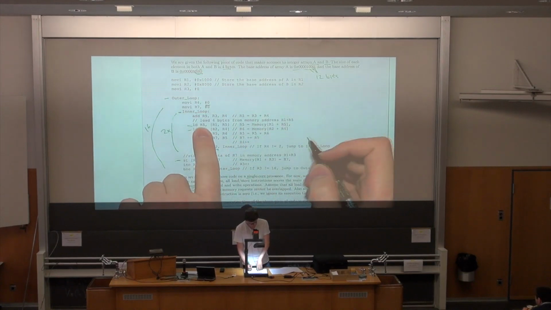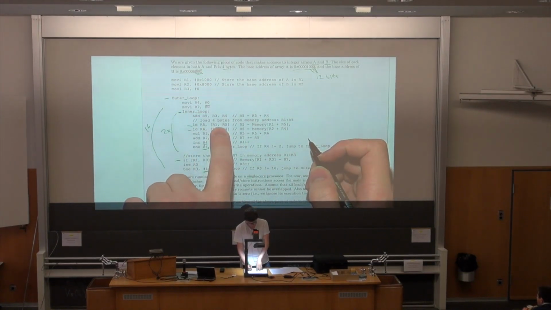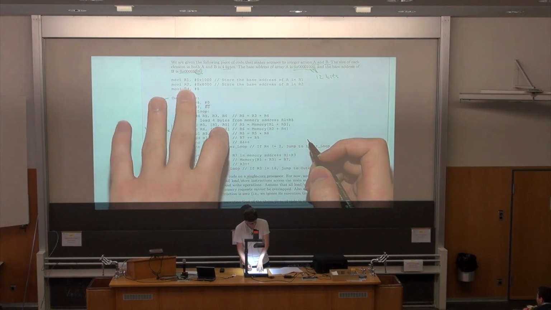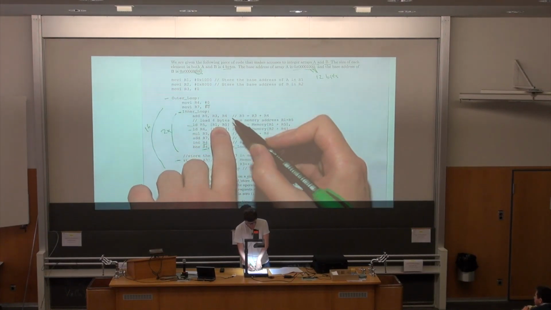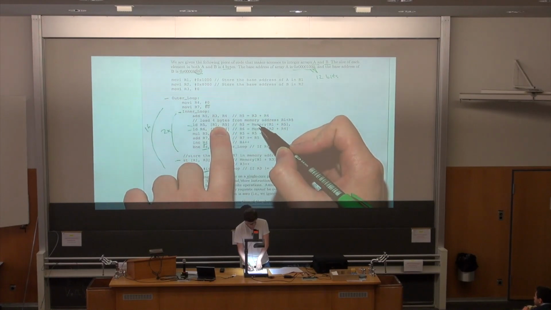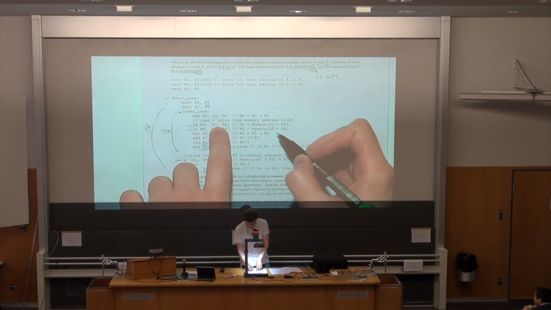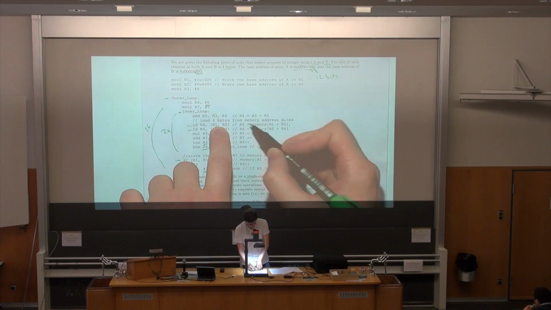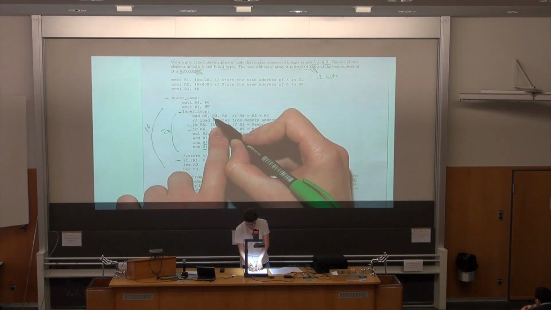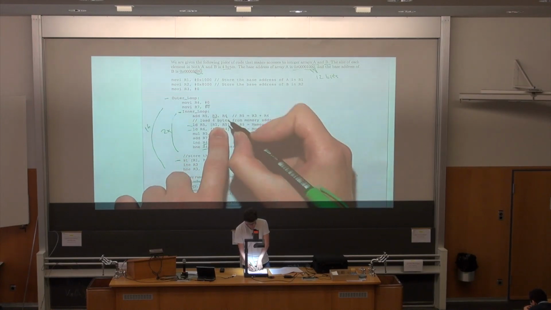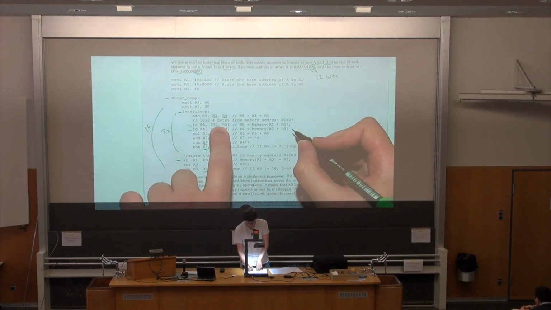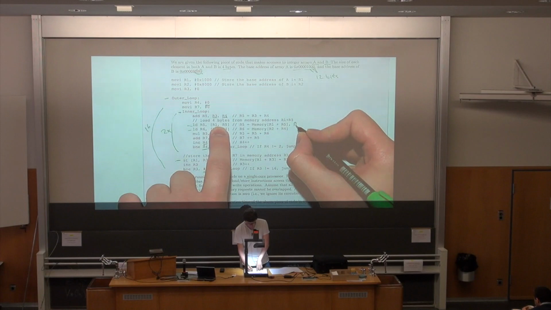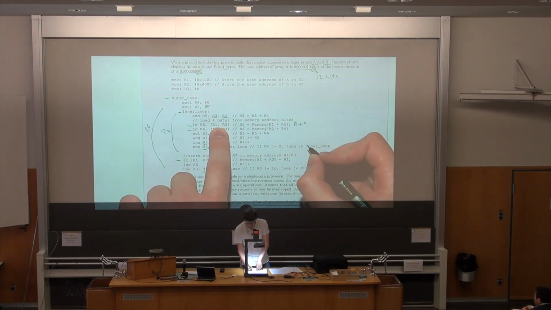Initially, the first load operation here will load A0, because R5 is calculated by adding together R3 and R4, which are initially 0. So this will be A starting address plus 0.